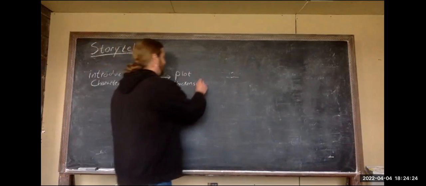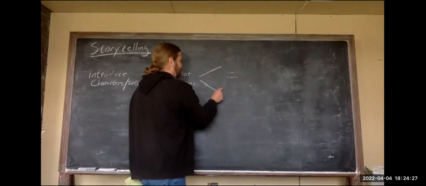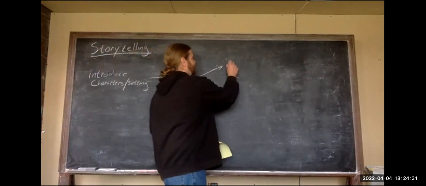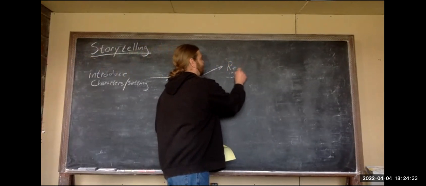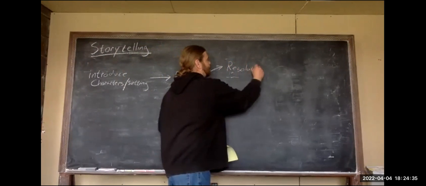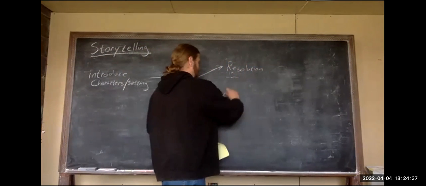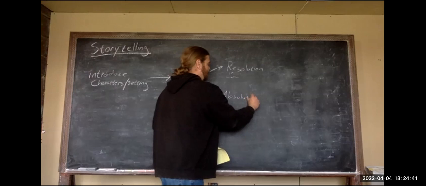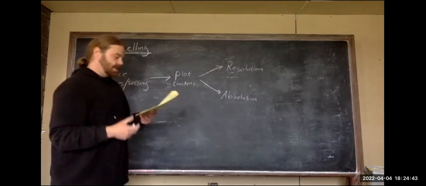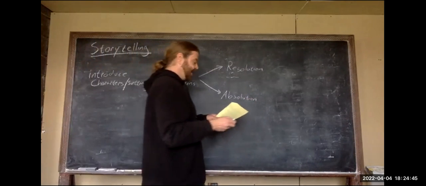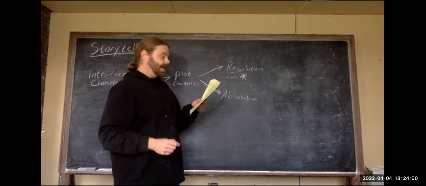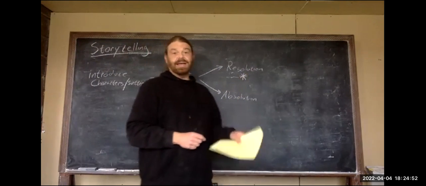And then the third act, well, there's really two main paths that we take. And that's either going to be resolution or absolution. The actual definition for resolution, that is quality of being determined.